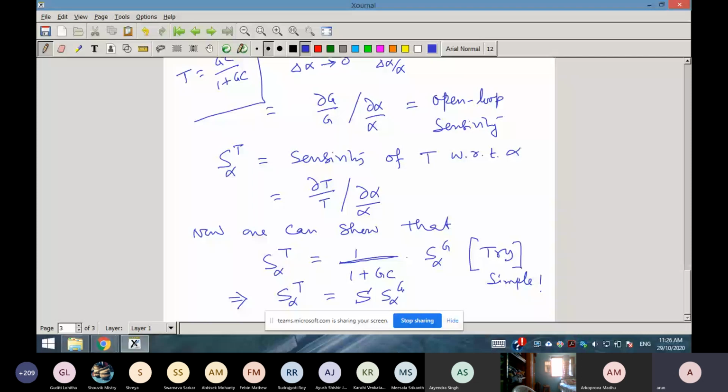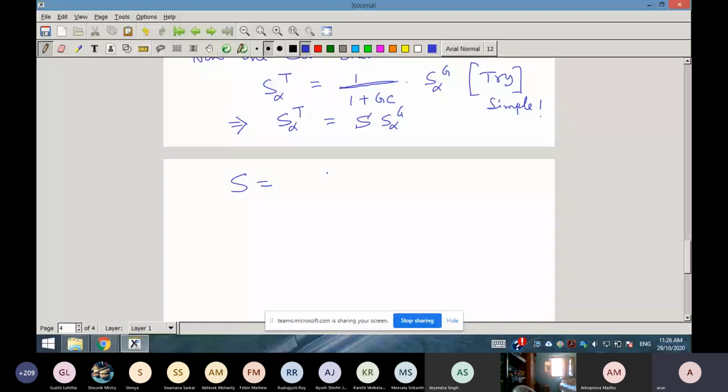This is very important in robust control or advanced control. This is a function, not a sensitivity.